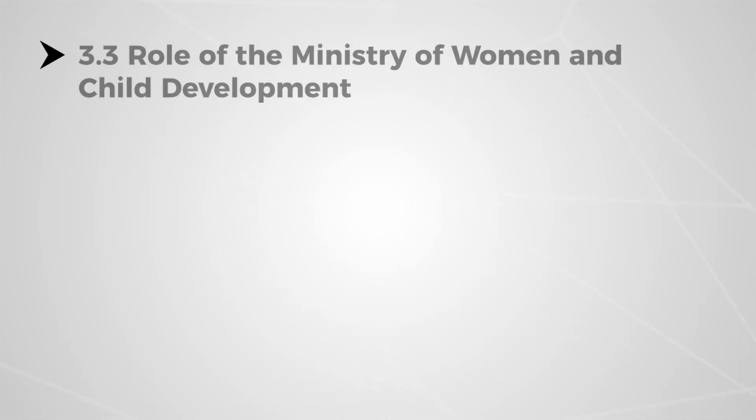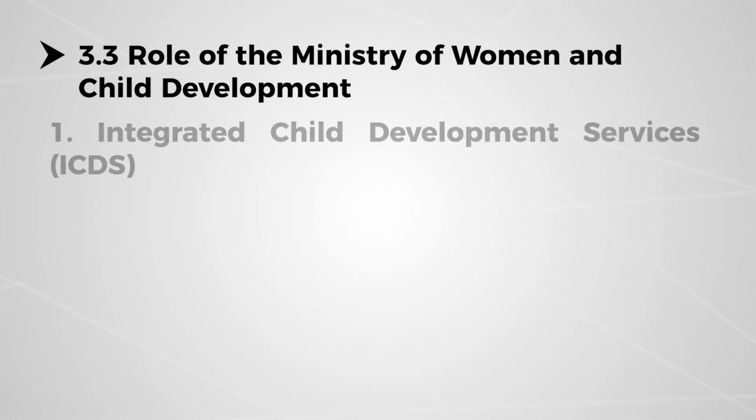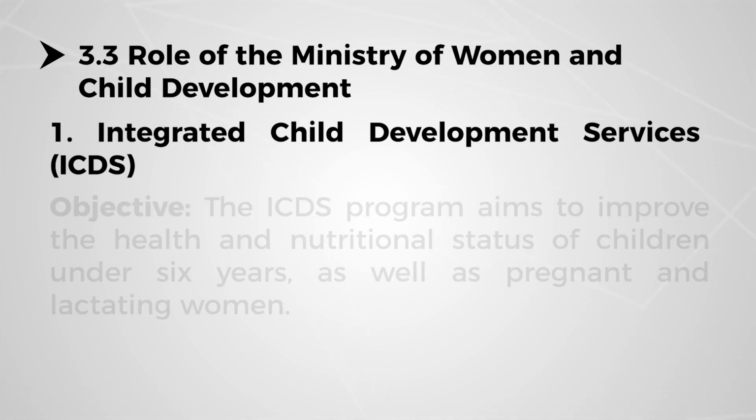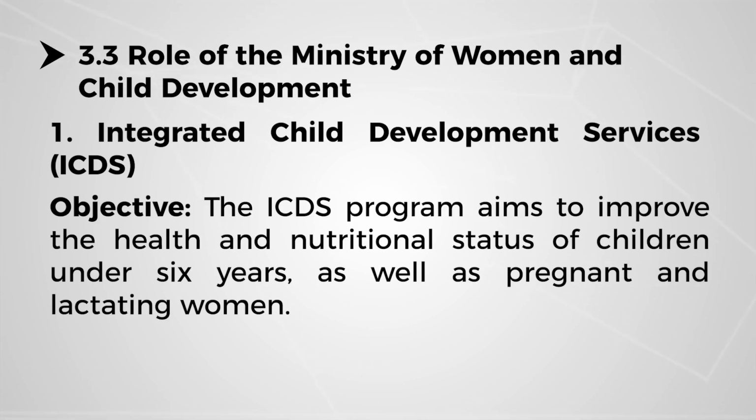Role of the Ministry of Women and Child Development, for example, the Integrated Child Development Services program. It aims to improve the health and nutritional status of children under 6 years as well as pregnant and lactating women.